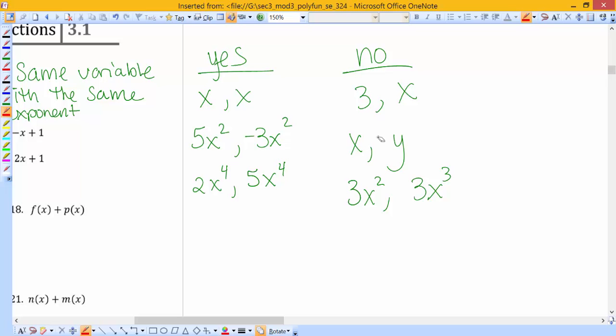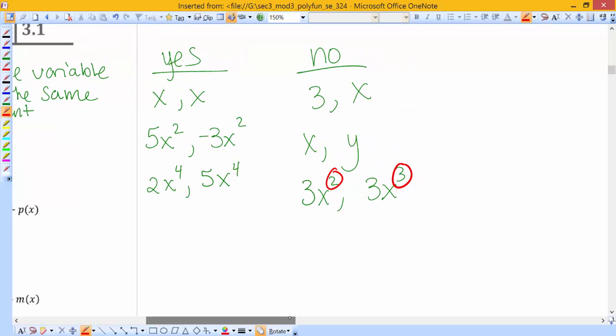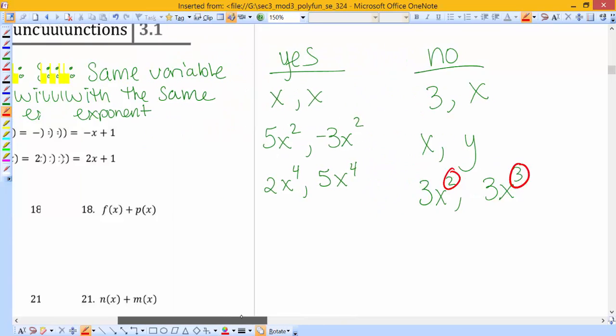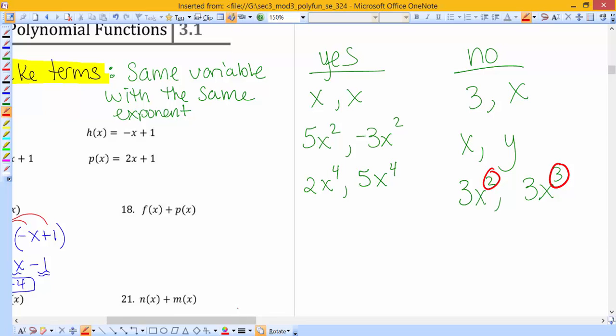The x and the y, two completely different variables. You cannot put them together. And then the 3x squared and the 3x cubed, they have different exponents. That's what makes them not like terms. So you might want to write all of this on a post-it note, and then put it in your book so that way you have it for future reference.